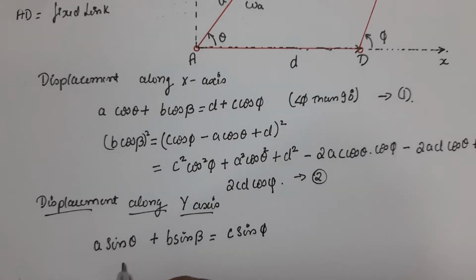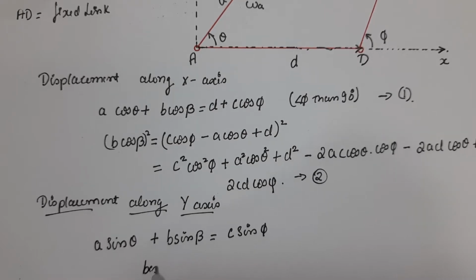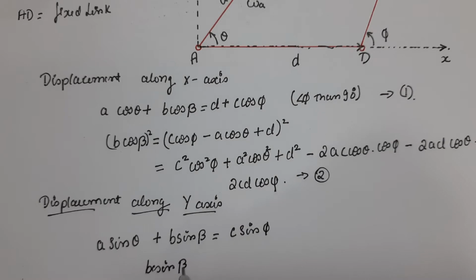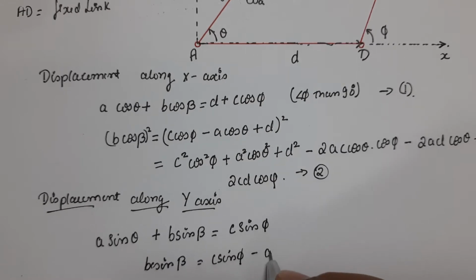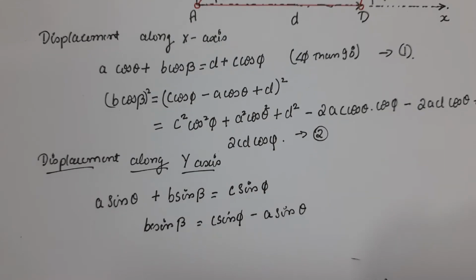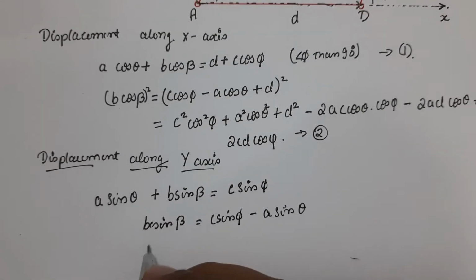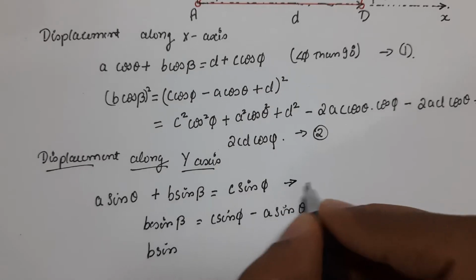Okay, this can be simplified as B sine beta is equal to C sine phi minus A sine theta.